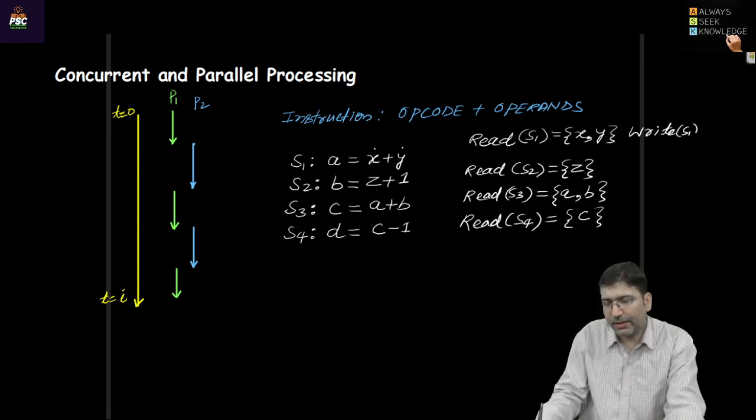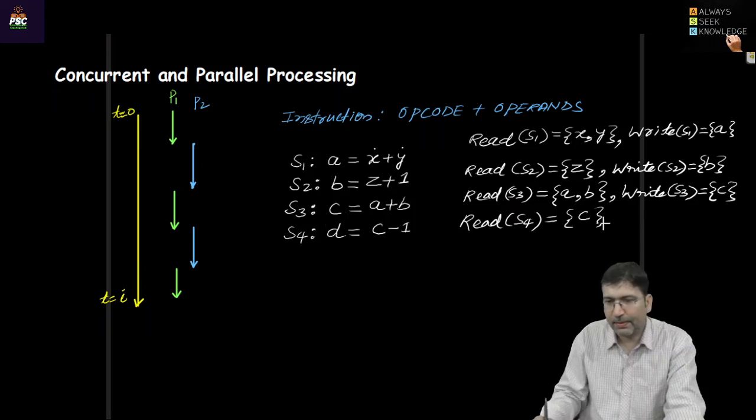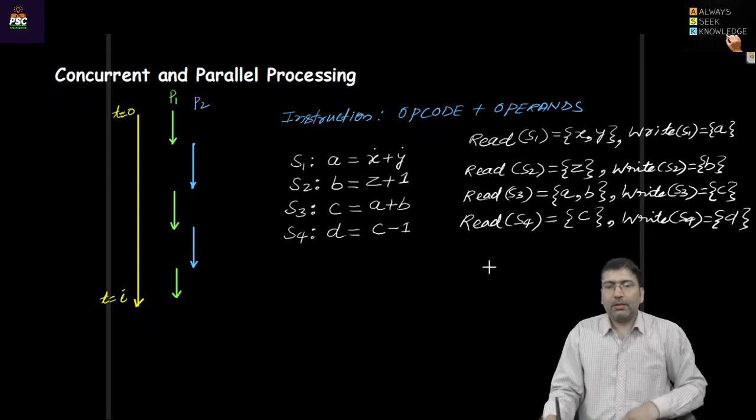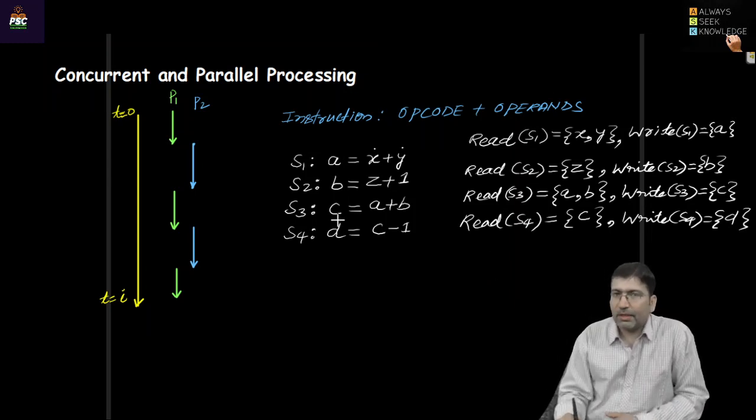S1 updates only one variable, A, so the write set of S1 has only A. S2 updates only one variable, B, so the write set of S2 has B. S3 updates one variable, C. And statement S4 updates the variable D. So we consider the read set and write set of each and every statement.